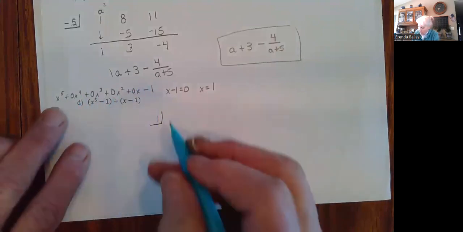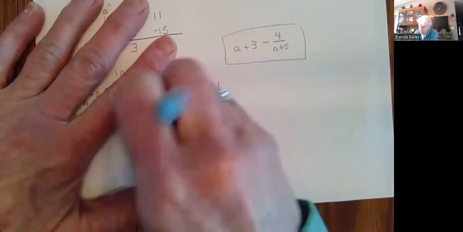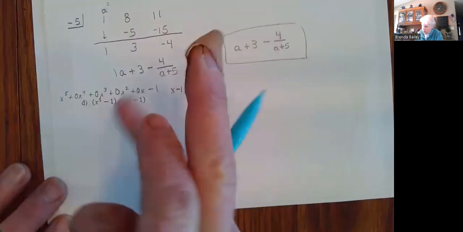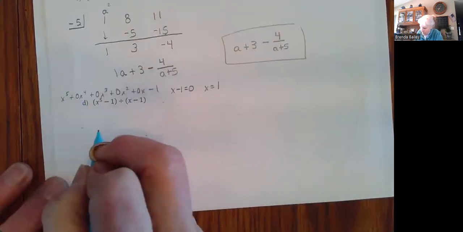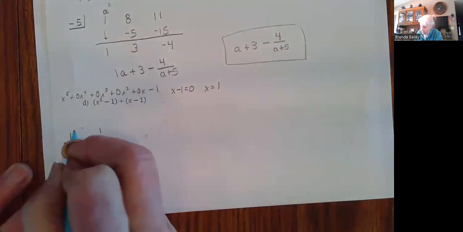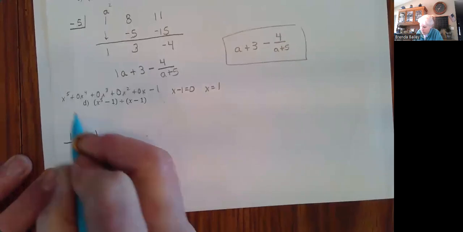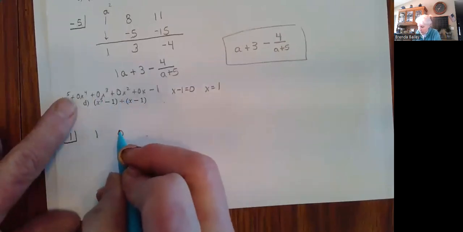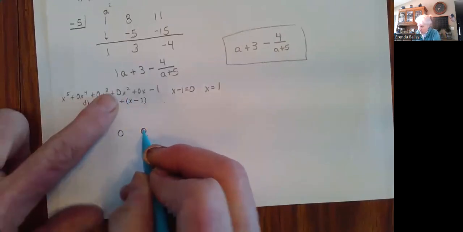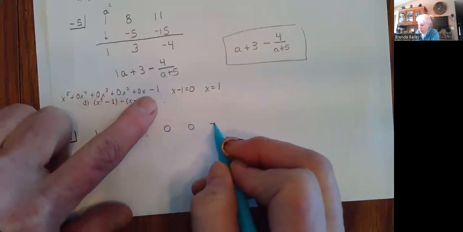So we have a 1 in the box, and then a 1, a 0, a 0, a 0, a 0, and a negative 1.